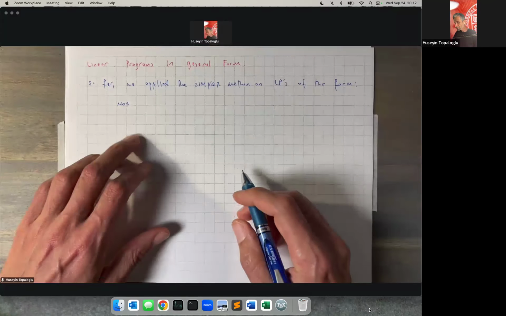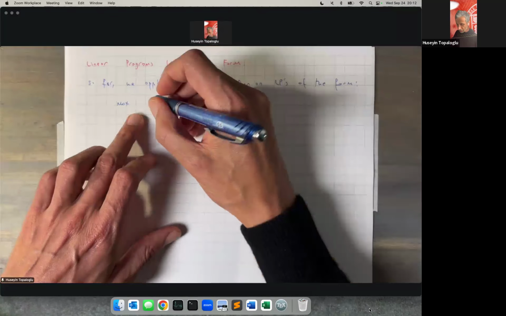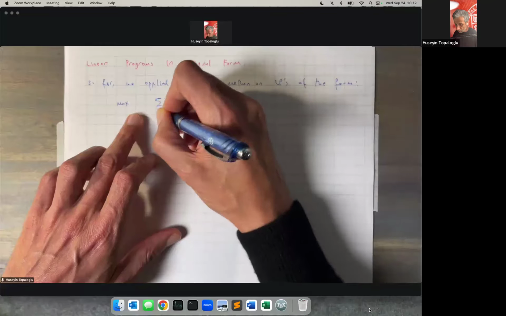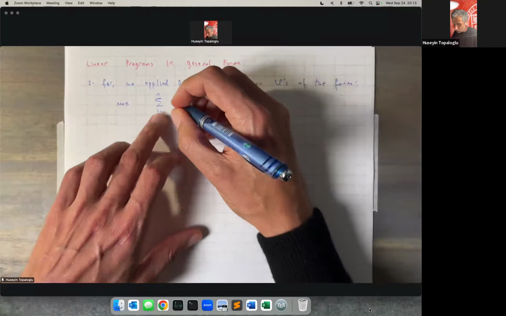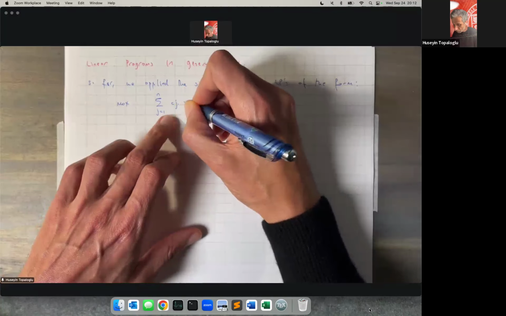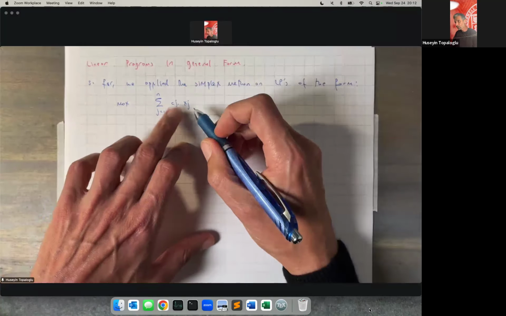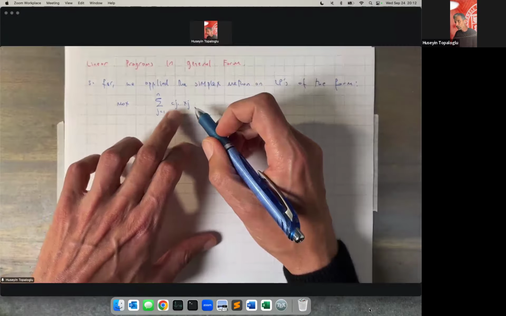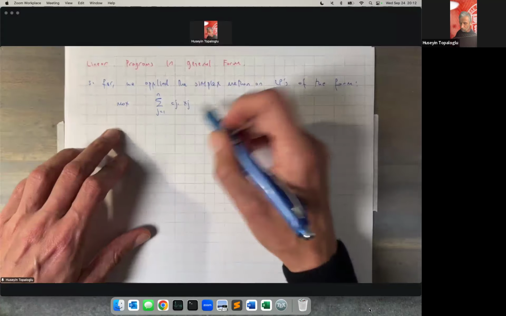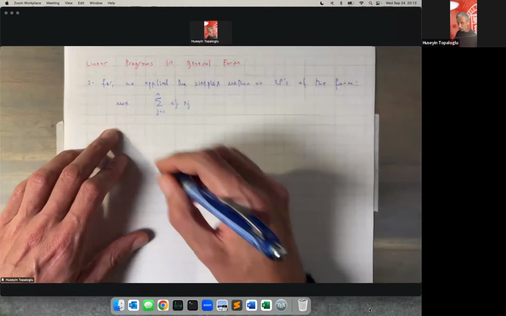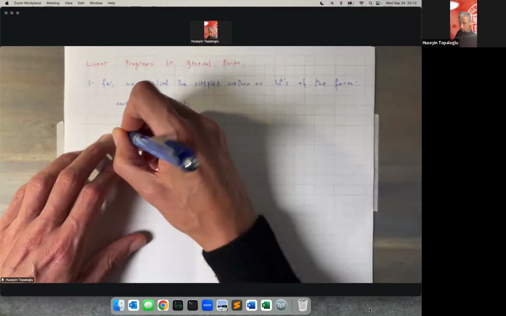Maximize. Let me take a linear program with n decision variables. So my decision variables are indexed by xj's, and the objective function coefficient of decision variable xj is cj. So we're maximizing the sum of cj times xj, added over all j.